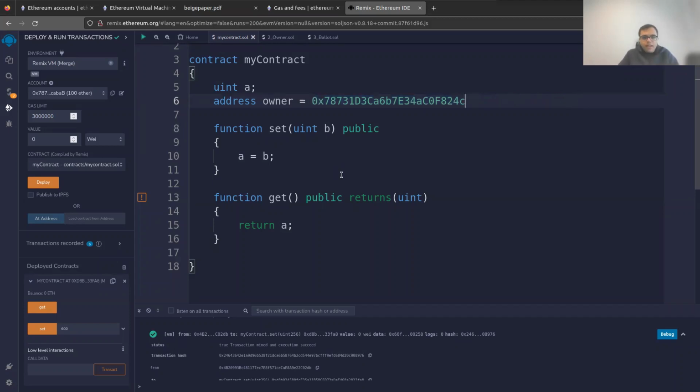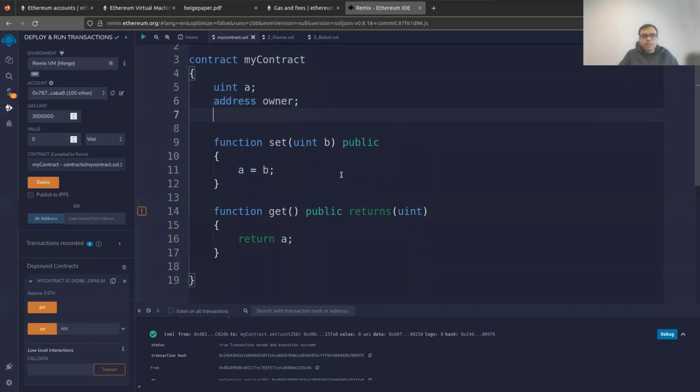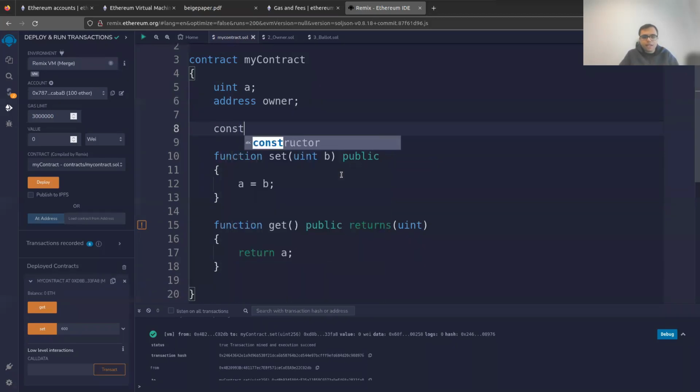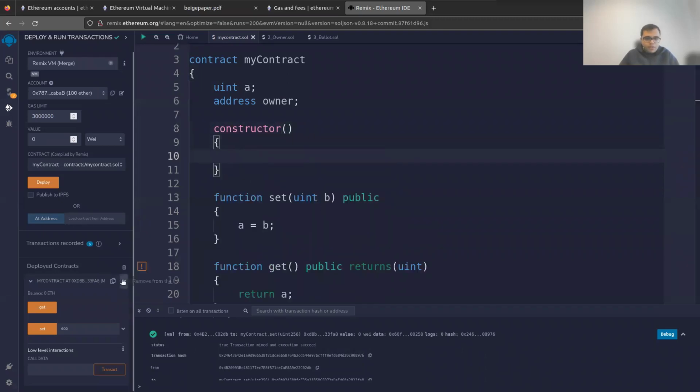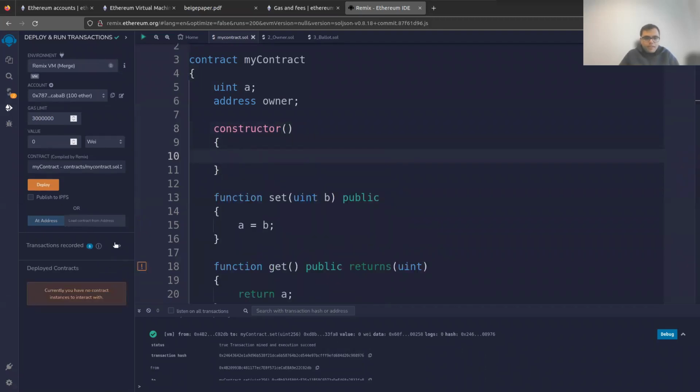I can also have a constructor function. And of course, the constructor will be called whenever this contract is deployed. So constructor is a function that is only called when you deploy it.